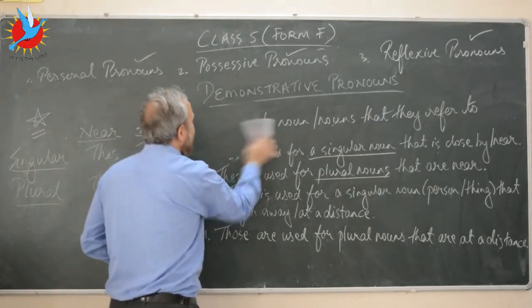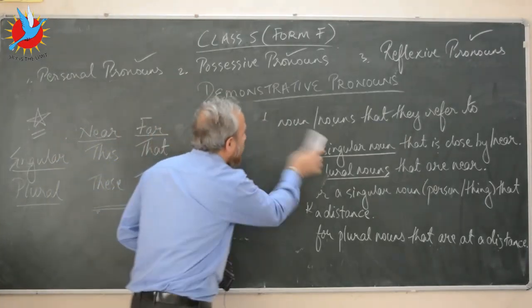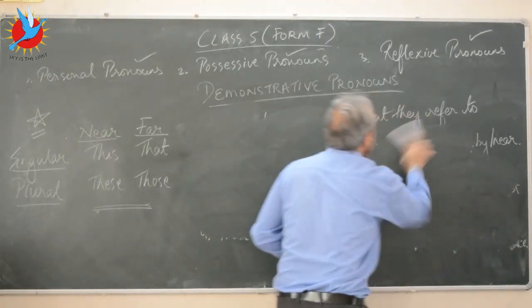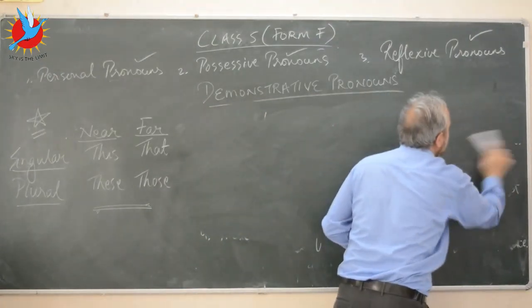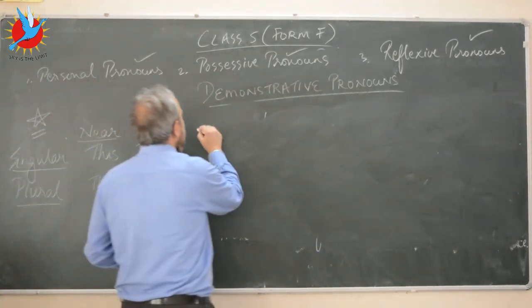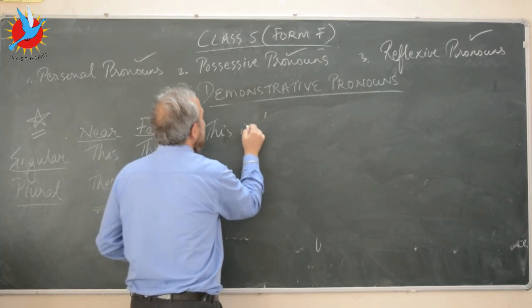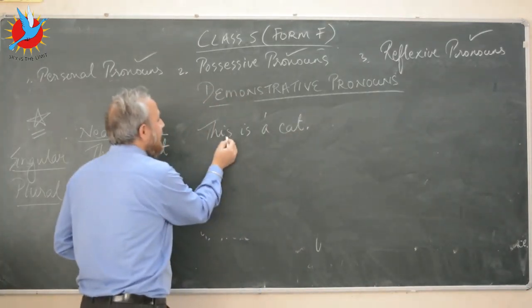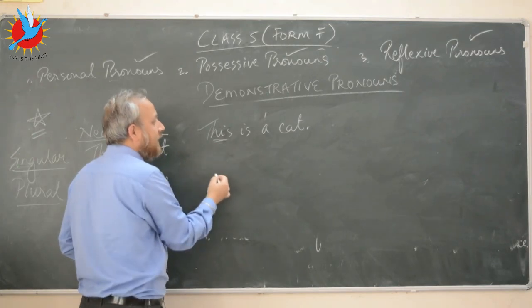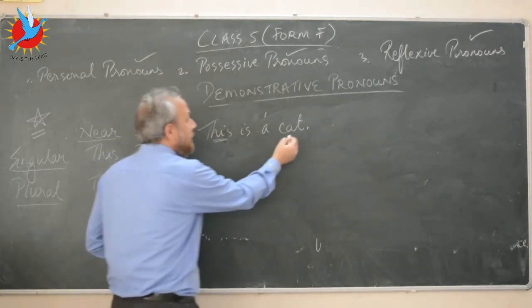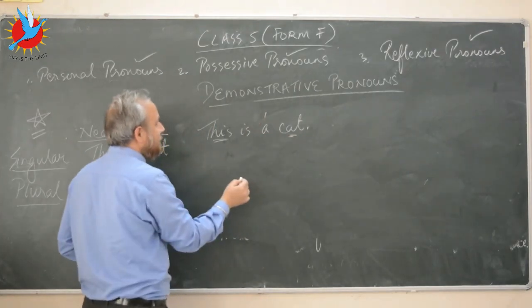Now I will write example sentences for you on the board, which should make it easier for you to understand demonstrative pronouns. So let's say, this is a cat. This demonstrative pronoun, this, is referring to what? It's pointing to the noun cat.